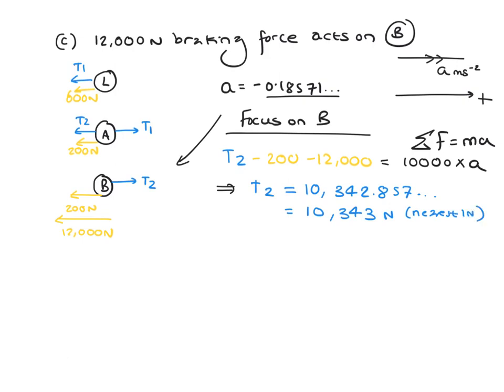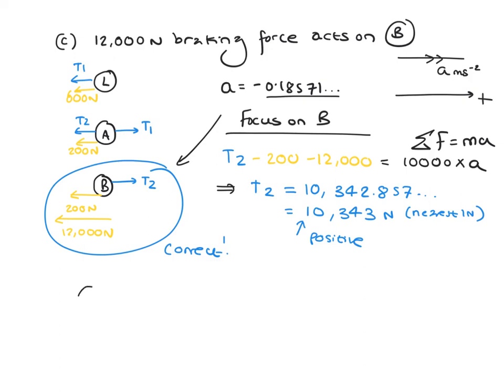Now, this is positive. Note that. Which means that this diagram is correct, which means that the forces are marked in the correct position, which means that if we think about B and A and the tow bar that connects them, this force here in this situation is actually in the correct direction. This force on A is also in the correct direction.